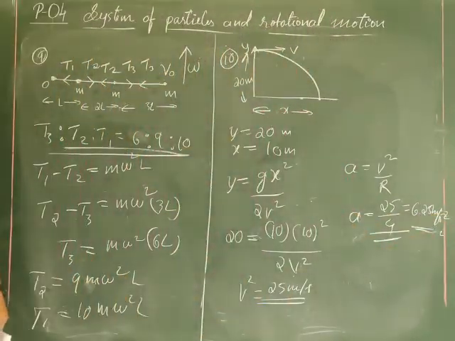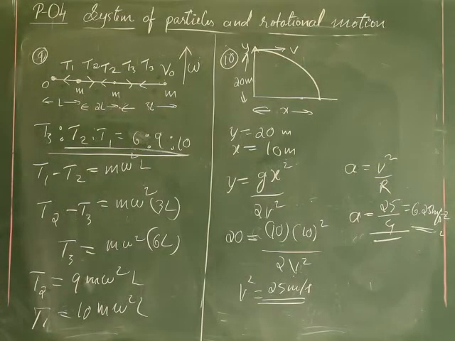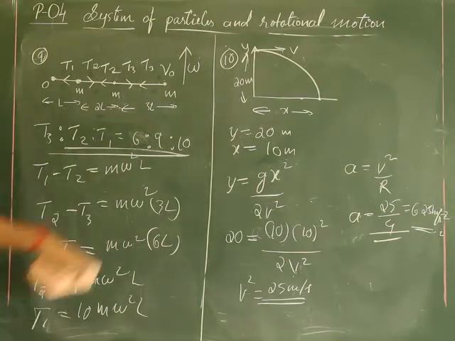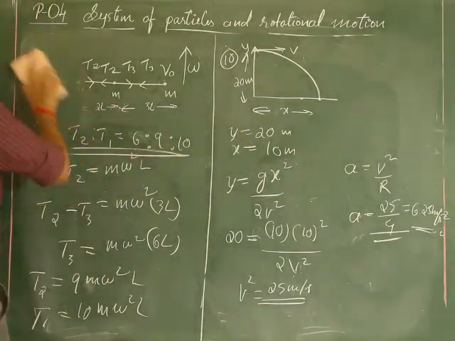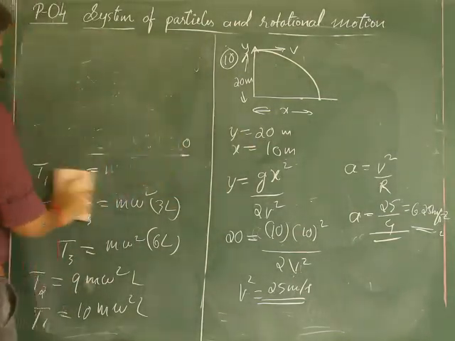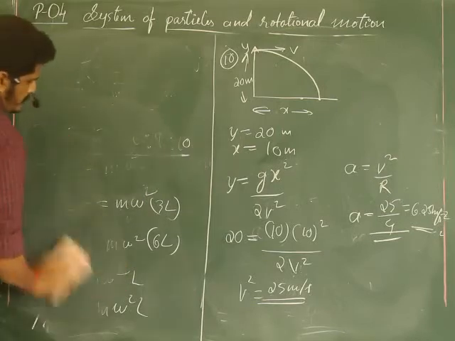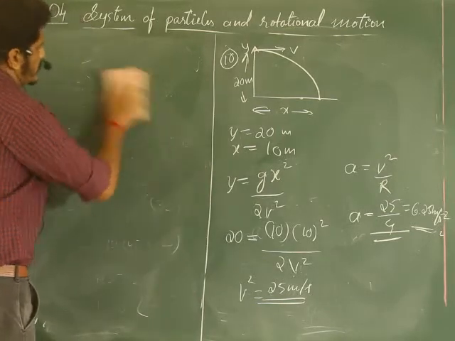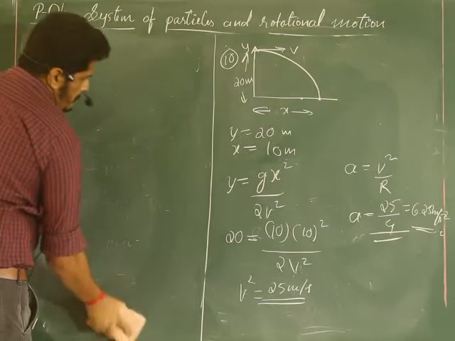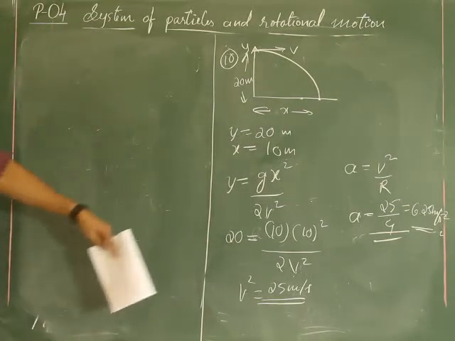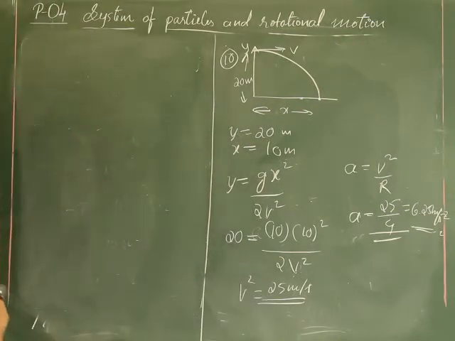So that is the answer for question number 10. So question number 10 is over. I think this is easy for you and you understood very clearly. I have done the substitutions in detail. You can check what formulas I have used.